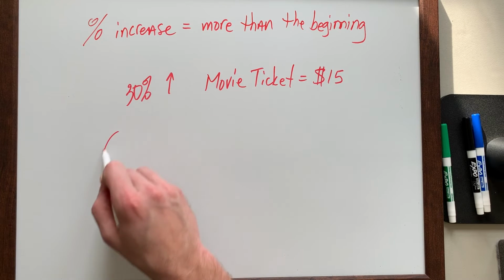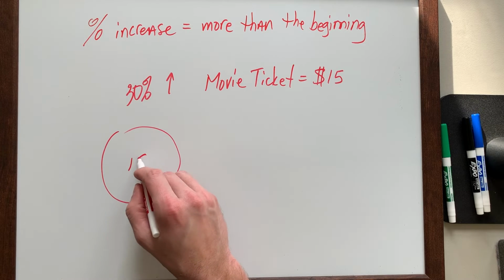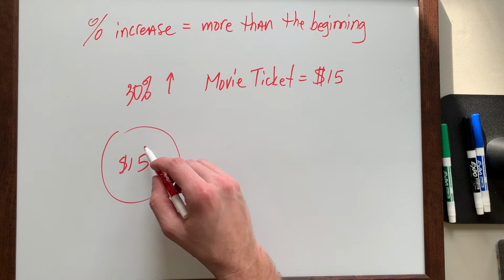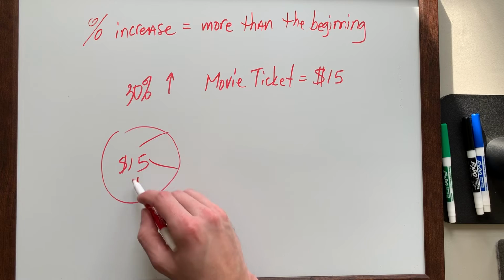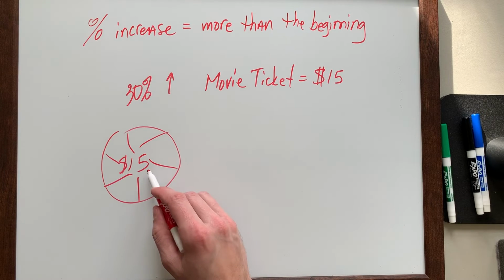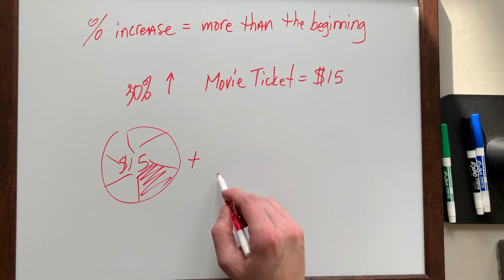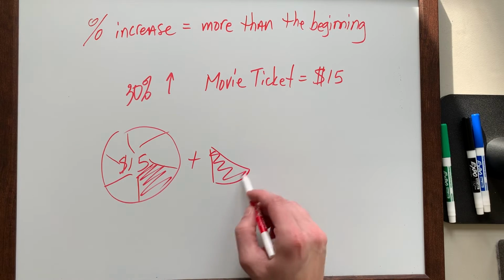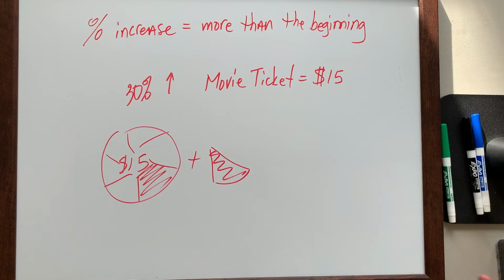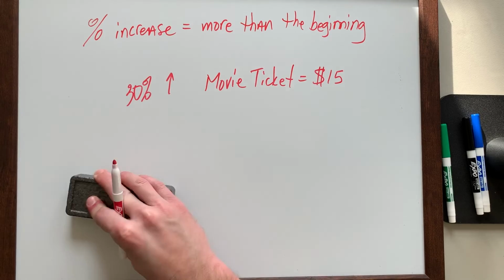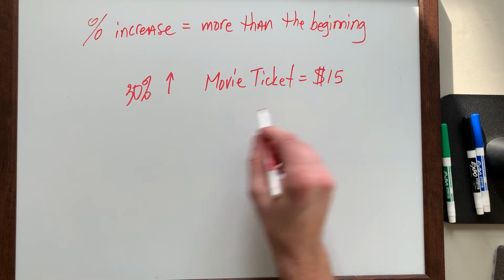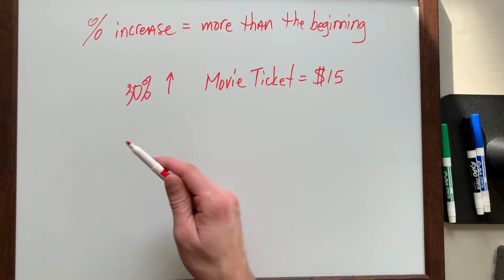Well, let's really quickly review. We can either say that this whole pie is $15, and we know that we're breaking it up in percentages, and we're going to take one of those pieces and add it like this and get a new total. That's one way. Or the other way is to say that we're starting with a full price of $15.